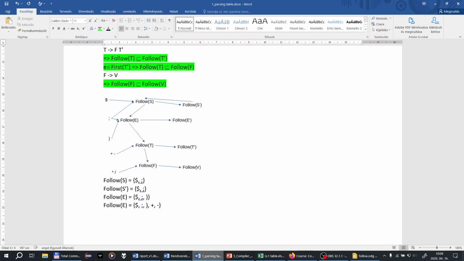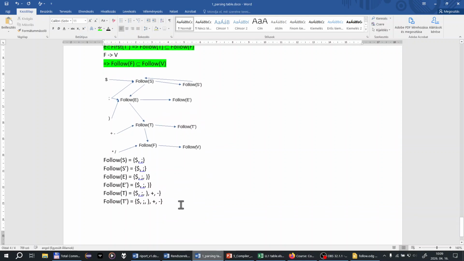Follow T. Okay, E prime is the same as E. The T prime is the same as T. F is the same, but also containing the multiplication and division, and V is the same as F.